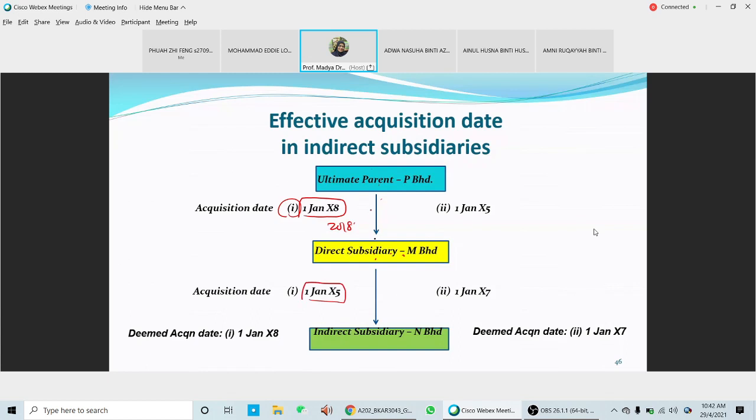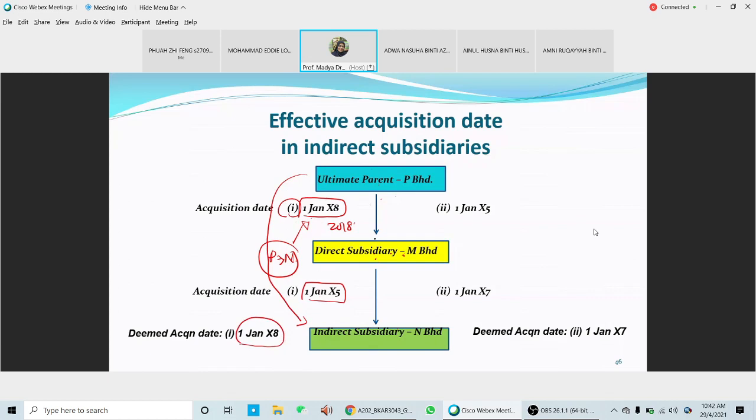So we assume that, once parent P acquires M in the year 2018, but M already has N as a subsidiary, the indirect interest between parent P and N is considered at the date when parent acquired M, the date on 1st of January 2018. So this is considered as the acquisition date.